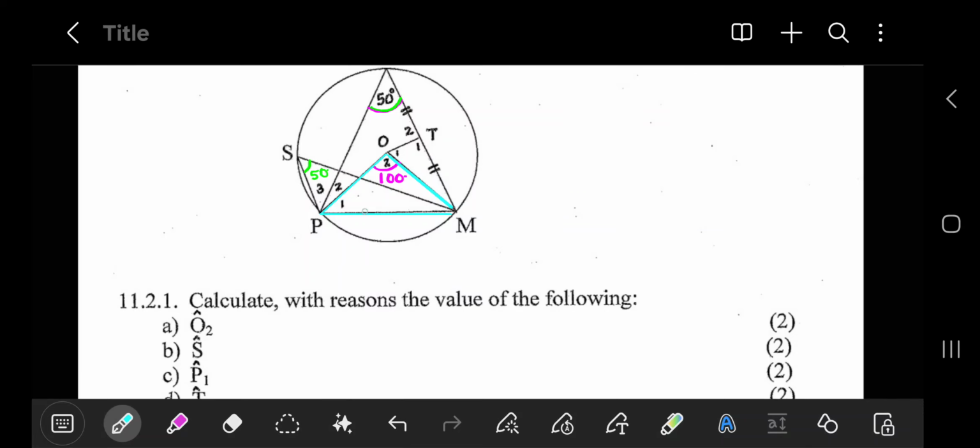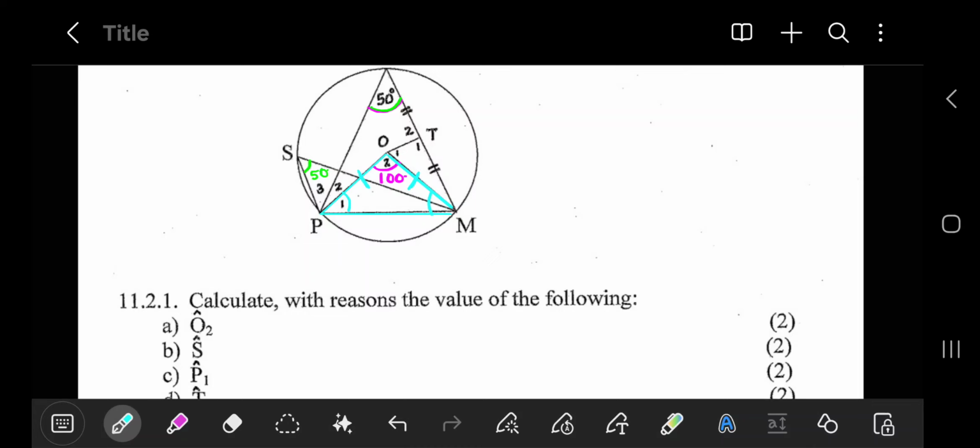Here we have OP and OM that are equal to each other because they are radii. Now, where we have 2 sides equal, we also have 2 angles equal, meaning that in this triangle POM, angle P1 and angle M are equal to each other.